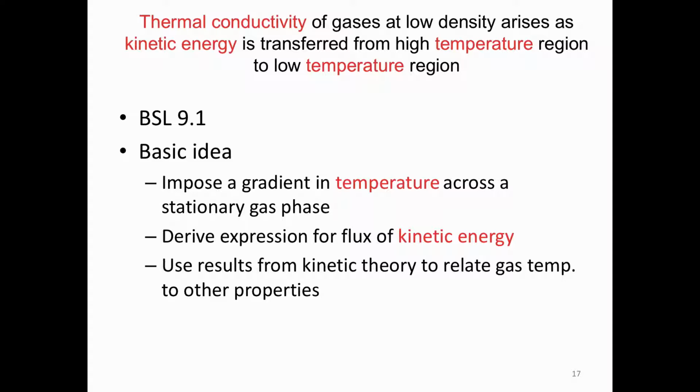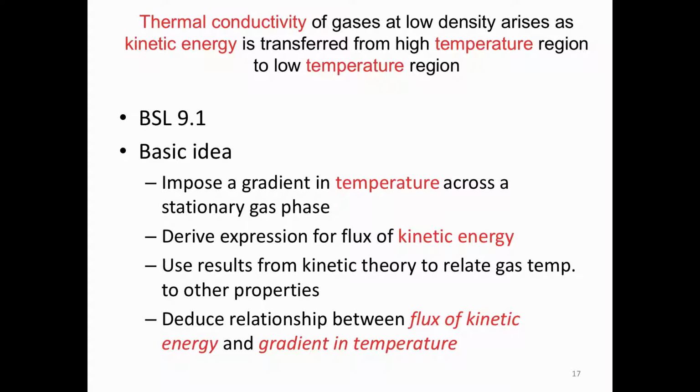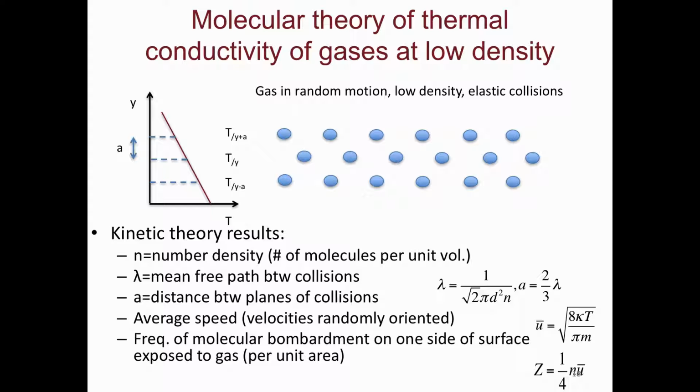And use the results from kinetic theory to relate that temperature difference to other properties. So we can actually look at the flux of kinetic energy and this gradient in temperature and see whether they're proportional as per Fourier's law. Essentially compare to Fourier's law and see whether they compare well and what the comparison is. So let's do that. Okay?